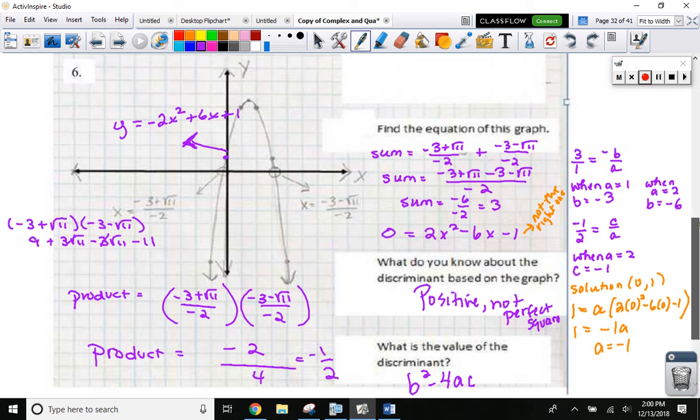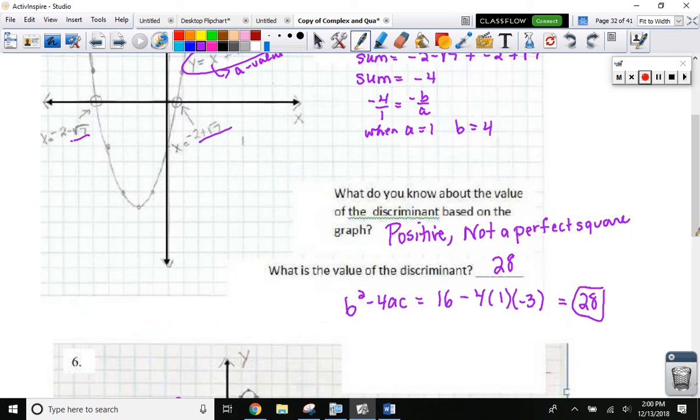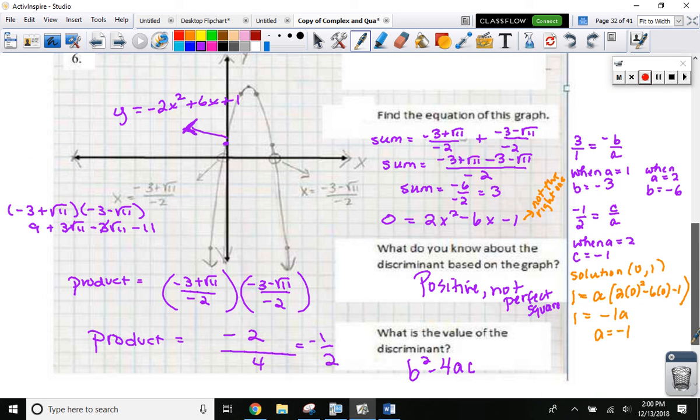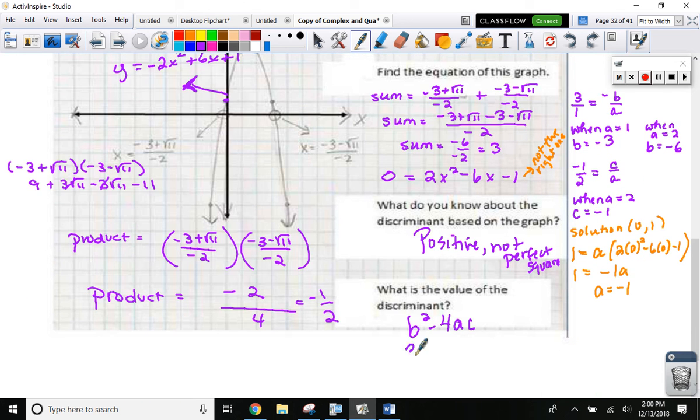Someone checked our equation, right, it was good? What I got, 36 minus 4 times -2 times 1. 44? Yes? So 44 is our discriminant value. Am I okay with that? That would be 36 plus 8.